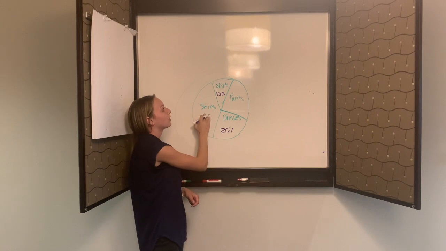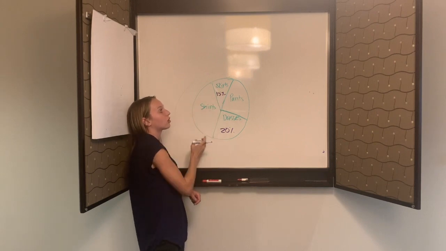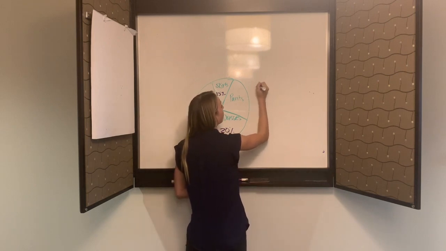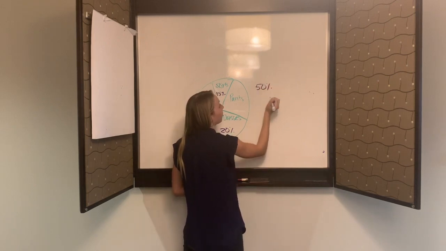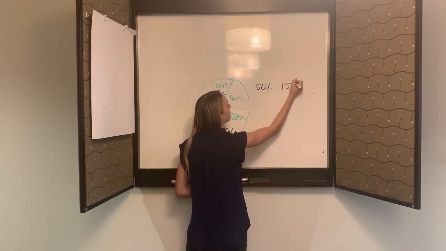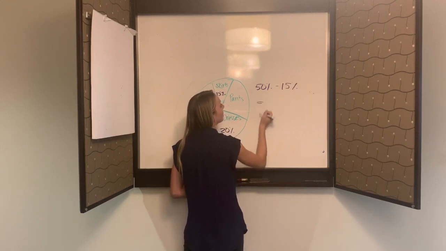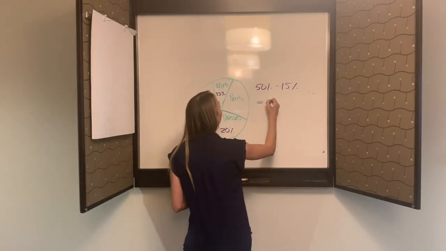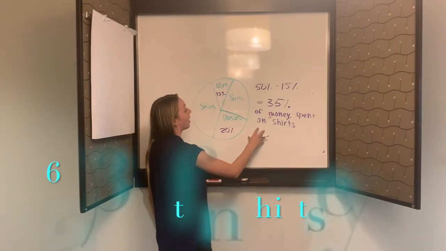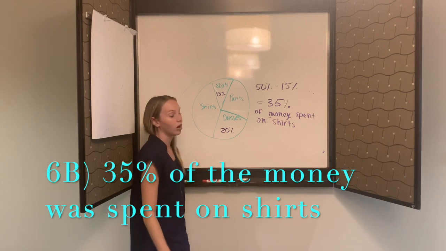When finding out the shirts, I know that skirts is on the 50% side. So I would subtract 50%, so one half of the circle, minus 15% to get the answer. And what would you get? You would get 35%. 35% of money was spent.